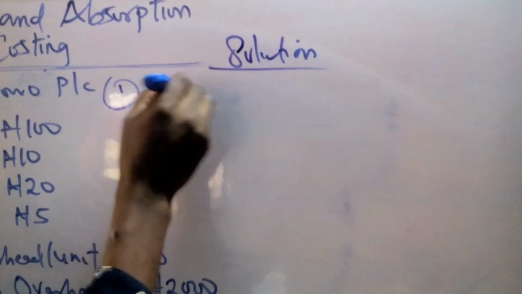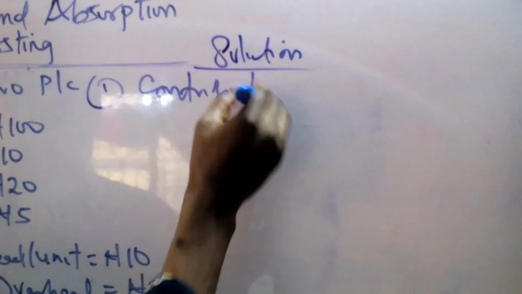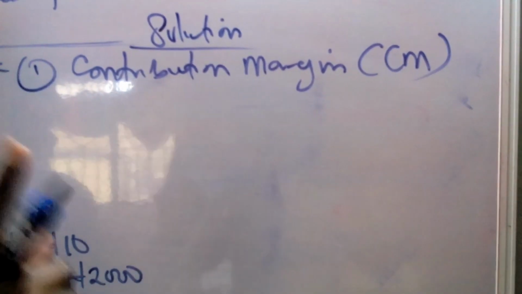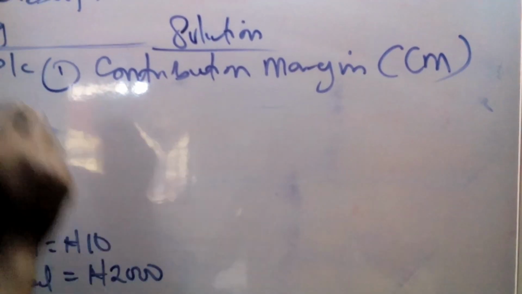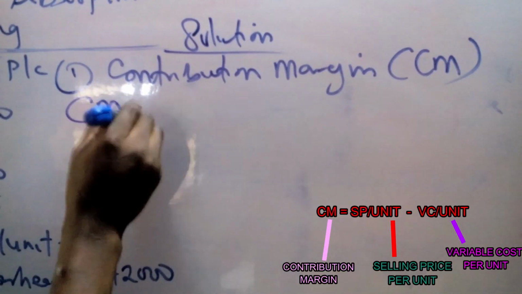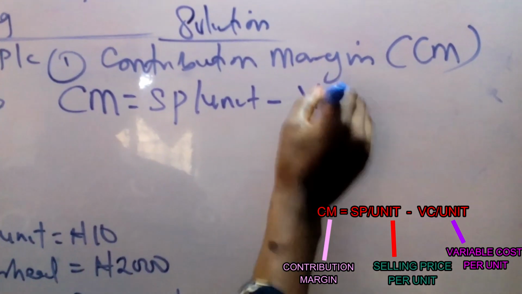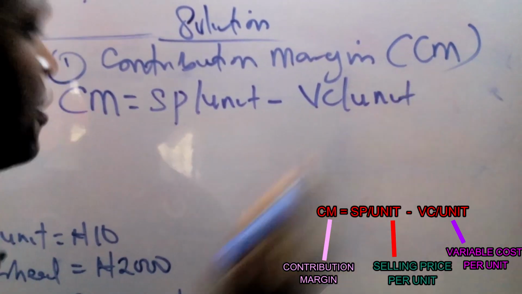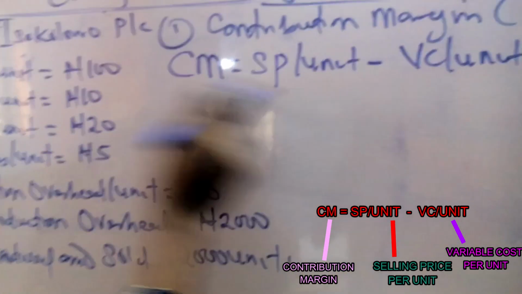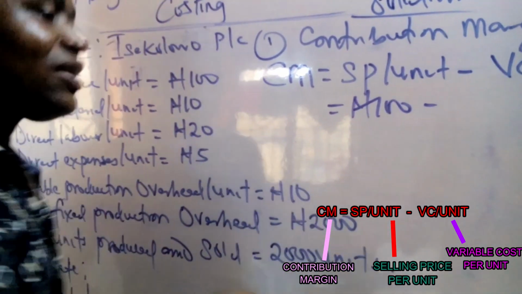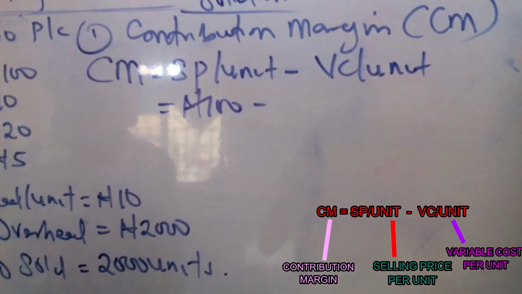Let's go. Solution. 1. Contribution margin, known as your CM, means contribution per unit sold. It is CM equals selling price per unit minus variable cost per unit. What is our selling price here? It's 100 naira. What is our total variable cost per unit?